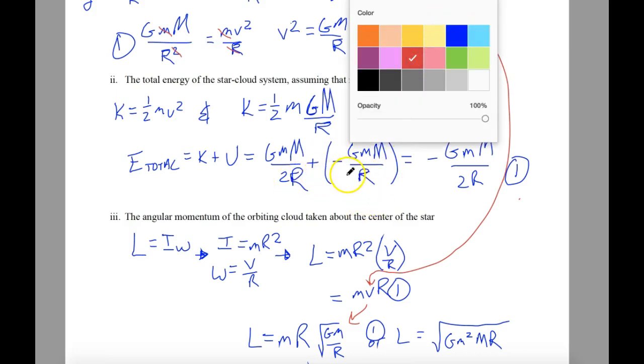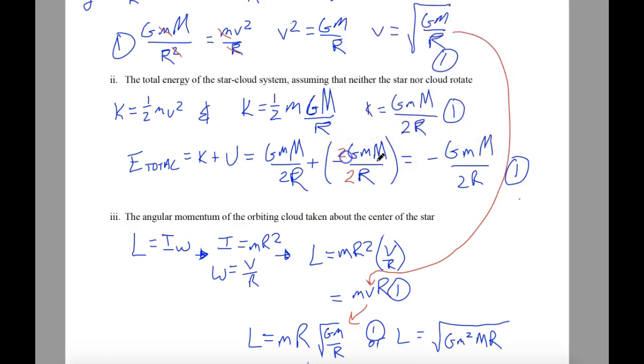In order to do this, I have to multiply both the top and the bottom by 2. Why is that? I need a common denominator. Taking the 2's here, 2 minus 1 gives negative G, and negative little m, and big M. Then on the bottom, I've got my 2R. So you get 1 point for the kinetic energy equation and 1 point for the total energy. And that's how you end up getting it.